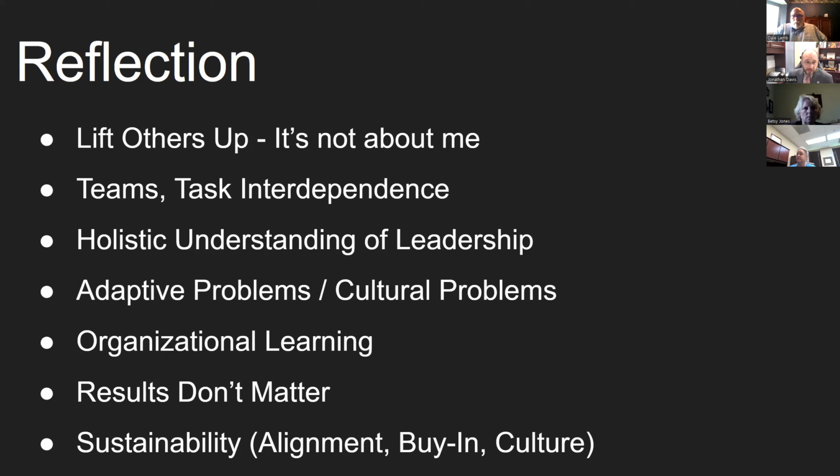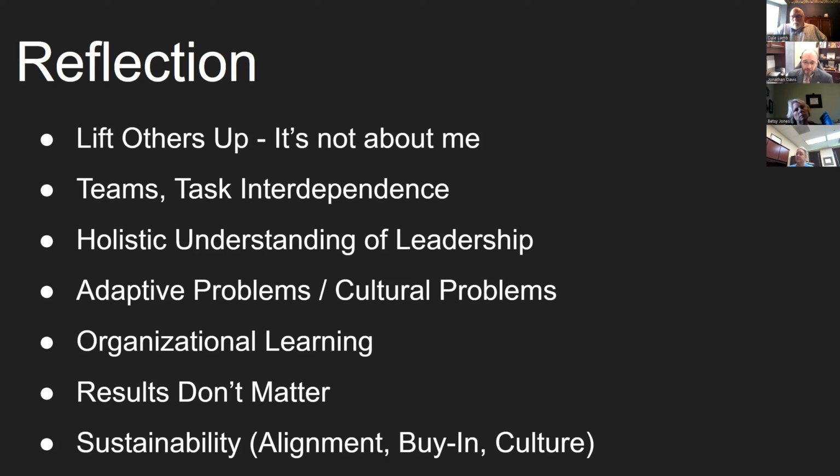I've developed a holistic understanding of leadership. I've learned the difference between adaptive and technical problems, and learned a lot about culture in the process and how difficult it is to change culture, but how it can be done. Organizational learning, and how important that is, and how important it is not only for the success of the institution in the future.